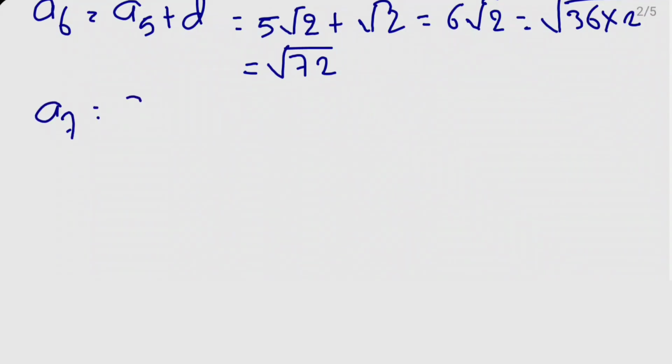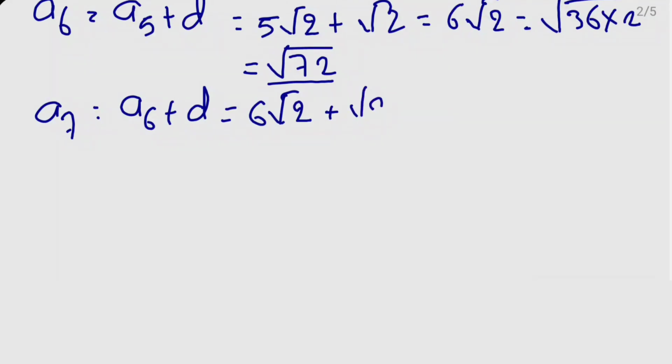So now a7 is a6 plus d. Here a6 is 6 root 2, or root 72, both are the same. 6 root 2 plus d is root 2. Add these two, 7 root 2.